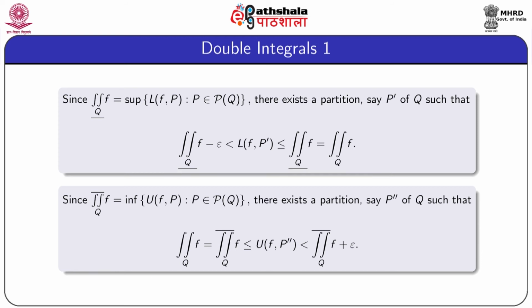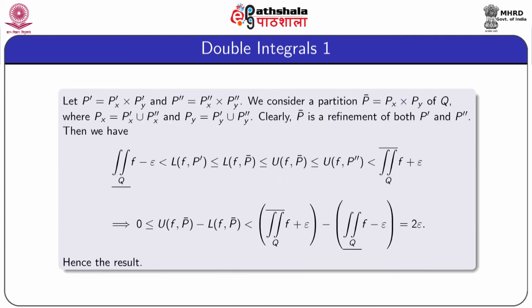Since the upper integral of f over Q is defined by the infimum of upper Darboux sums, there exists a partition, say P'', of Q such that the integral of f, equal to the upper integral of f, ≤ UFP'' strictly less than upper integral of f plus epsilon.